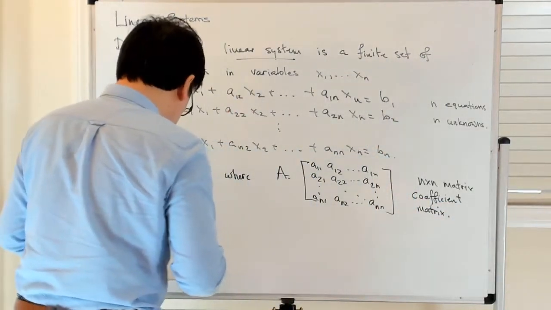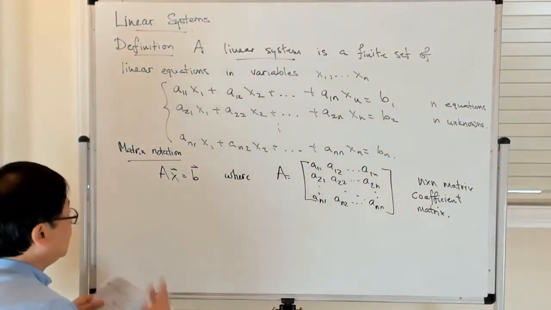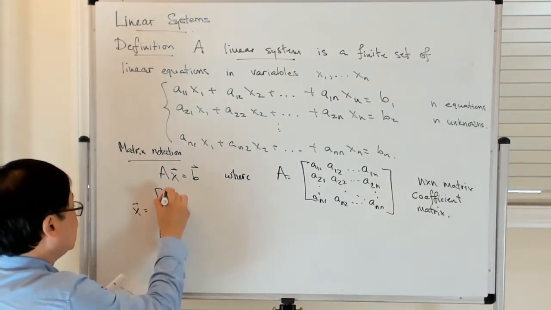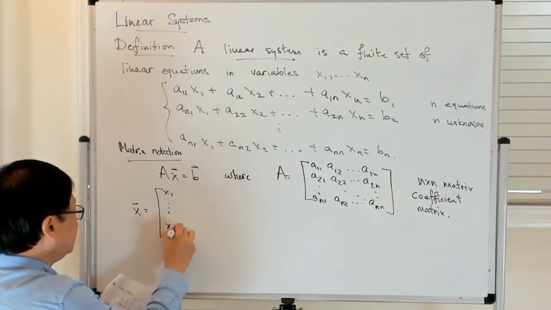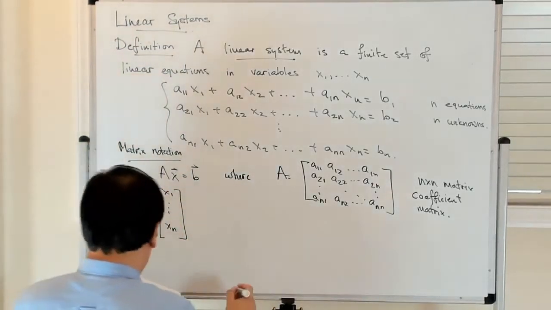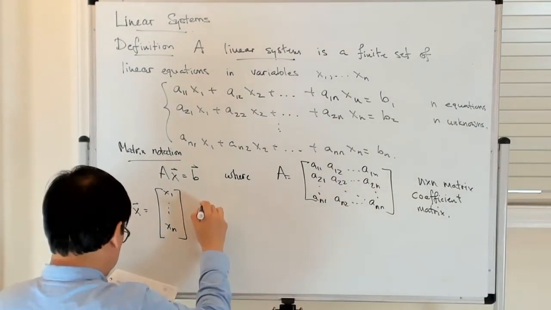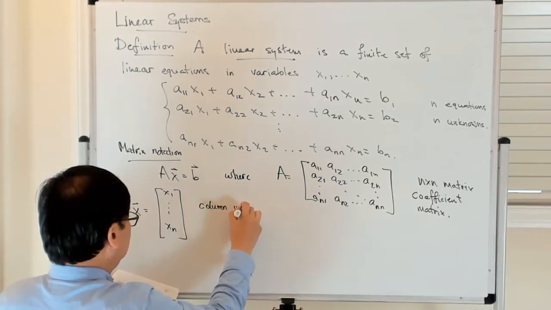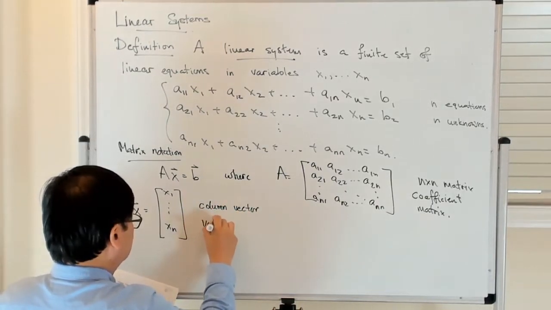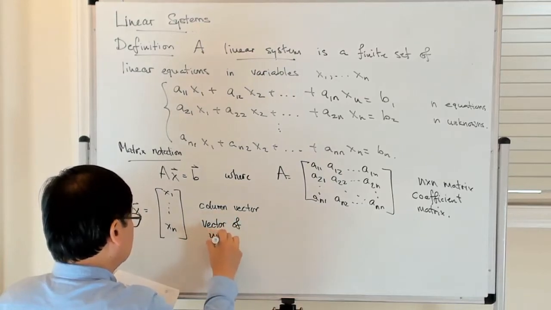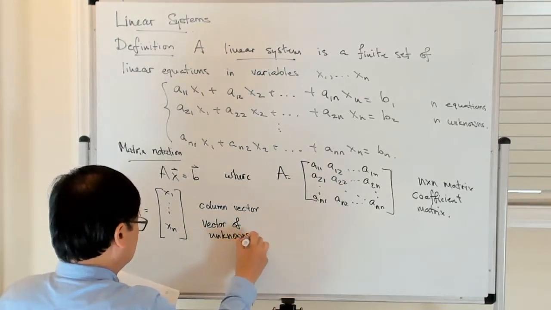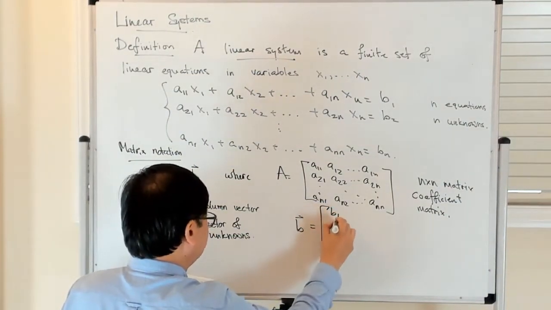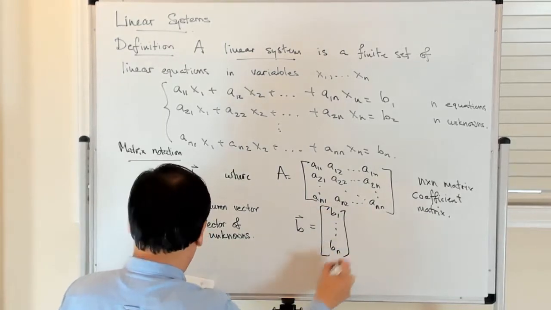You have A like this, you can have x as a column vector, x1 to xn, and this is the vector of unknowns. And then you have the b vector, which is b1 to bn.